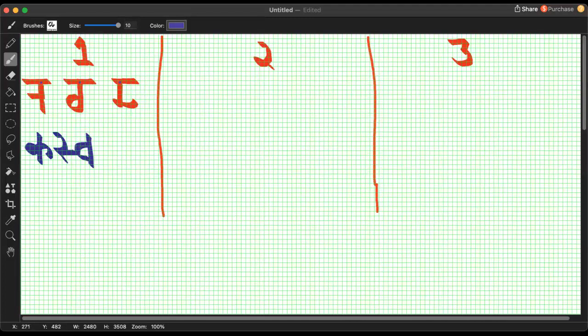Okay. I'm just checking the Shiroreka for B. How do we write? Okay, so Kasba, it's written like this, right?